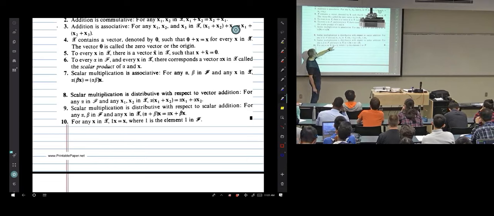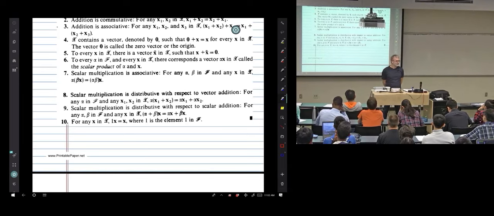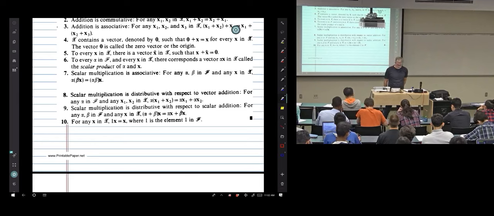So I take 1 times my matrix, I get my matrix back. What did we just learn? 2 by 3 matrices are vectors, so matrices are vectors. You have to get that into your head. Matrices satisfy all the properties of being vectors, okay?